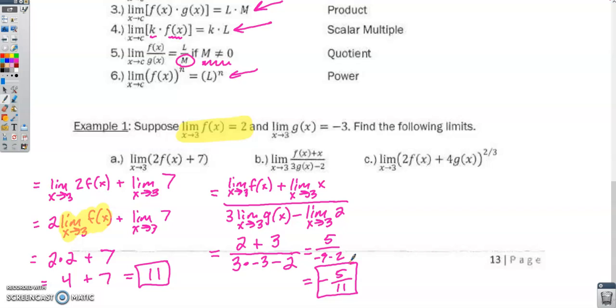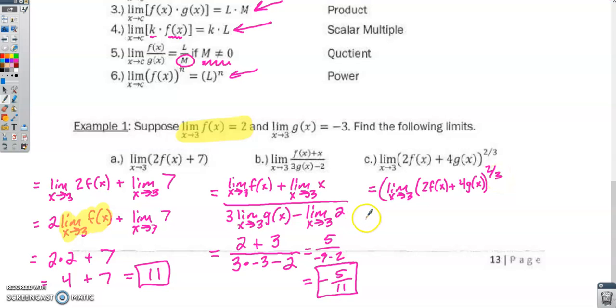The limit as x goes to 3 of the quantity 2f of x plus 4g of x, to the 2/3 power. The limit of some expression raised to a power is equal to the limit of that expression raised to the power. So this is going to be equal to the limit as x goes to 3 of 2f of x plus 4g of x, all raised to the 2/3.